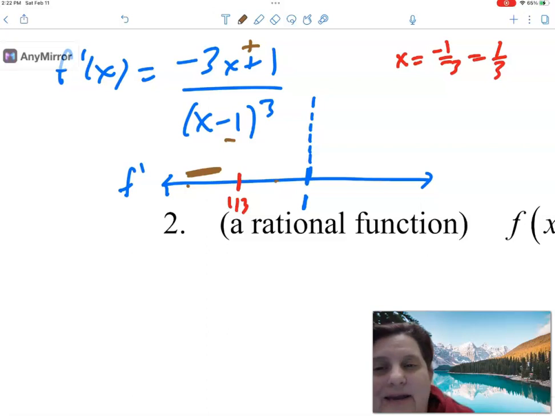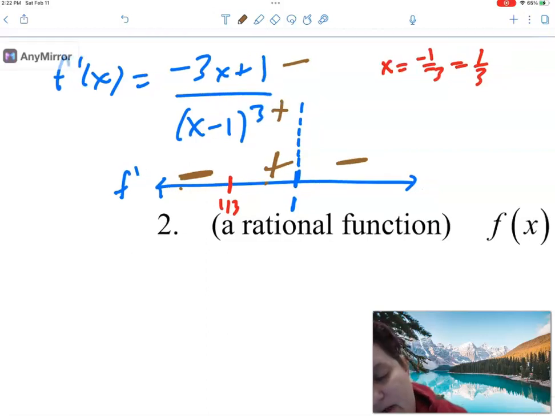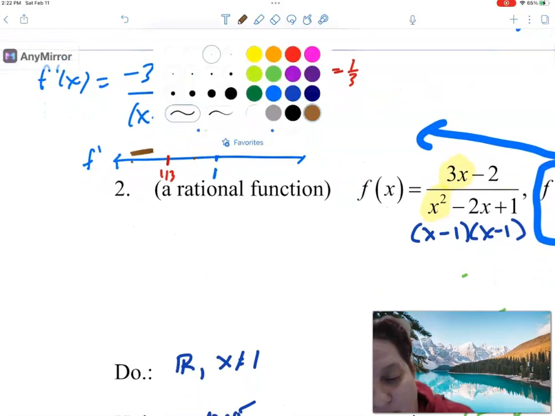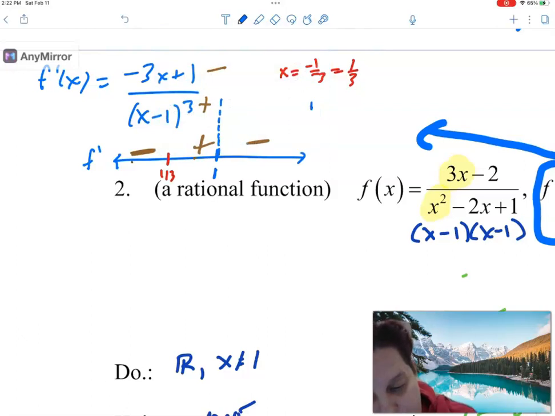If I plug in 2/3, that's bigger than 1/3. It's -2 plus 1, that's negative, and 2/3 minus 1 is a negative 2/3. So that's positive. And if I plug in like 5, that's going to be a negative over a positive.